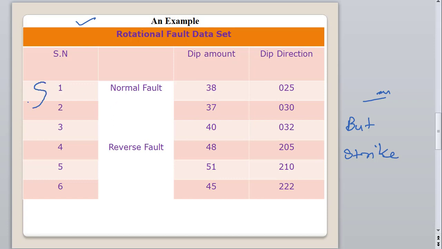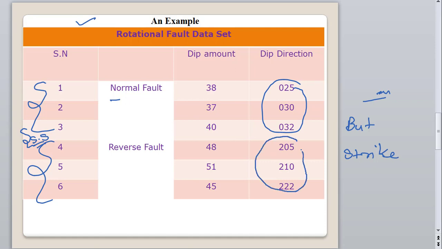I have taken 3 data for the normal faults and 3 data for the reverse faults; here I am skipping the strike slip component. The dip direction is towards the northeast in the normal component, but in the reverse component it is towards the southwest, opposite to the normal component.